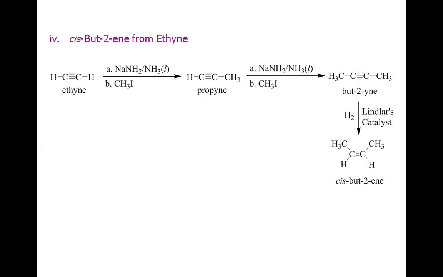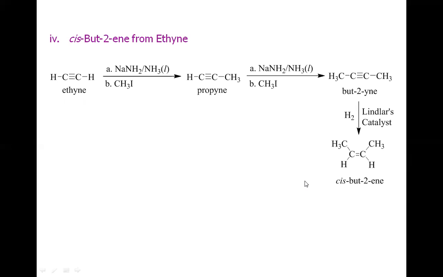The only additional step is to hydrogenate this carbon-carbon triple bond to the carbon-carbon double bond, and this is possible with Lindlar's catalyst, because this Lindlar's catalyst will give us the cis stereochemistry for the carbon-carbon double bond. So but2 is treated with hydrogen in the presence of Lindlar's catalyst to have cis but2.